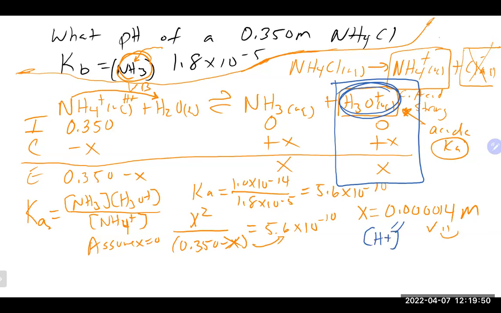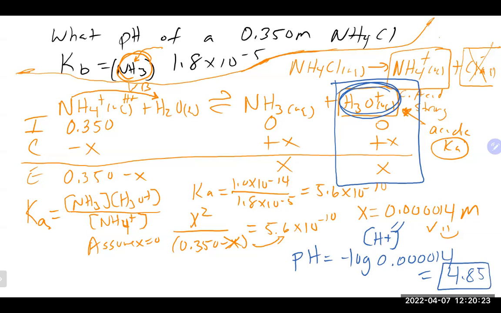Those things are interchangeable, which actually means in this case, we can go directly into the pH, and the pH here would be minus the log of 0.000014. Looks like a 4.85 on our pH. That is acidic, like we would expect it to be. So all that makes sense.